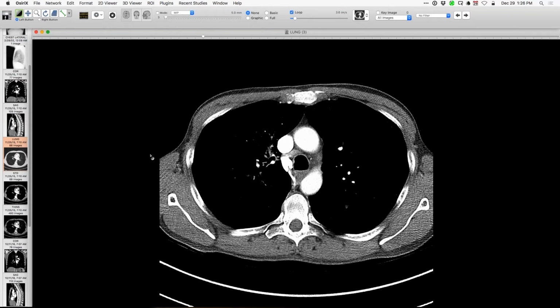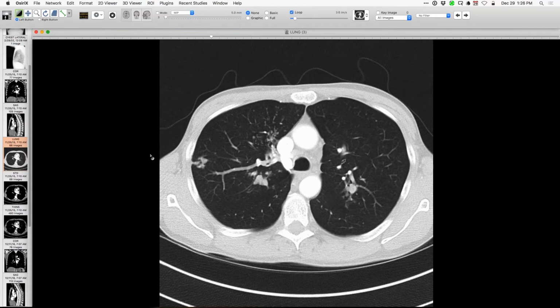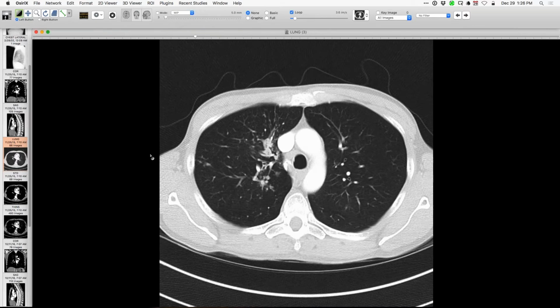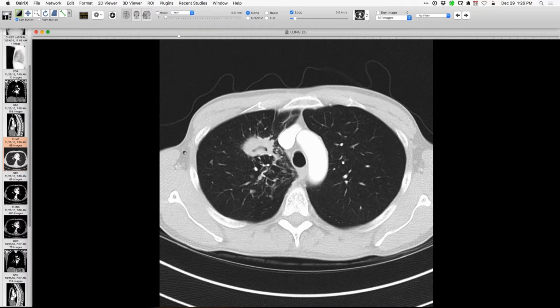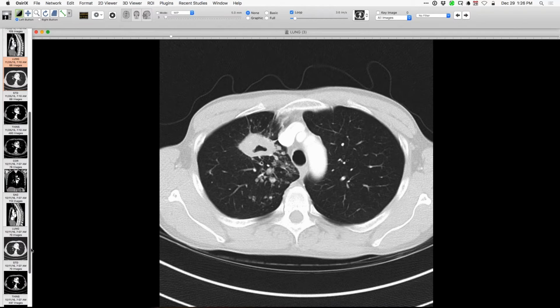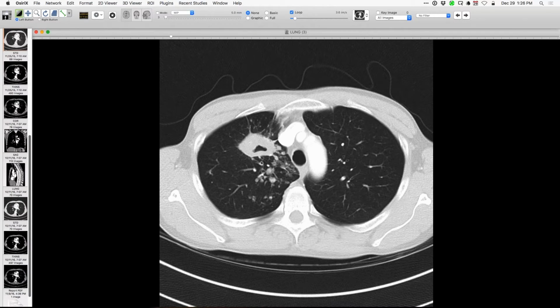So this was suggested to be maybe sarcoidosis. But while some of the other nodules are certainly consistent with that, I wouldn't have liked this for sarcoidosis with a dominant cavitary lesion. So that was 2015, and the patient returned later with some symptoms.